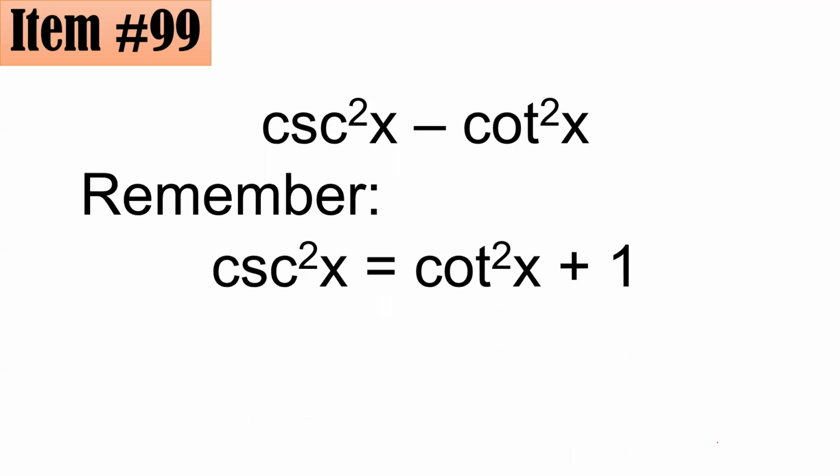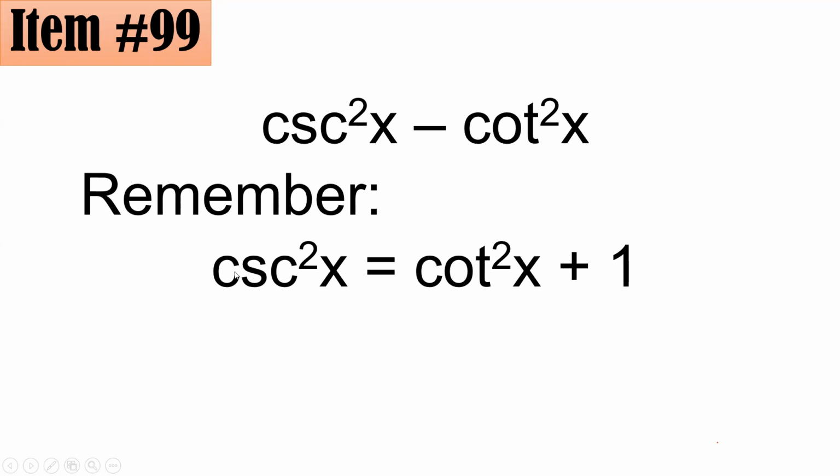Tandaan po natin, no? One of our Pythagorean identities sa trigonometry po natin ay meron po tayong cosecant squared x is equal to cotangent squared x plus 1. You could actually derive this from the sine squared x plus cosine squared x equals 1. But I hope you could remember this identity. And take note po, yung expression po natin ay kailangan nating mag-subtract ng cotangent squared x sa cosecant squared x.